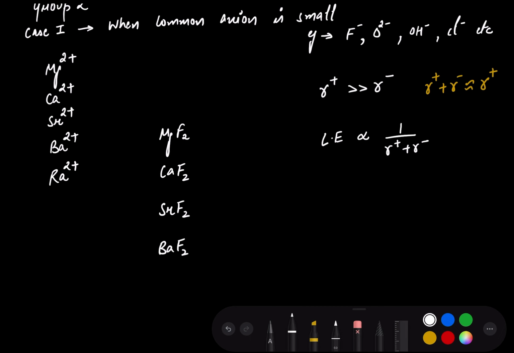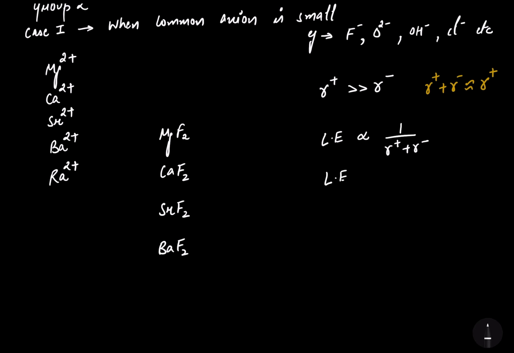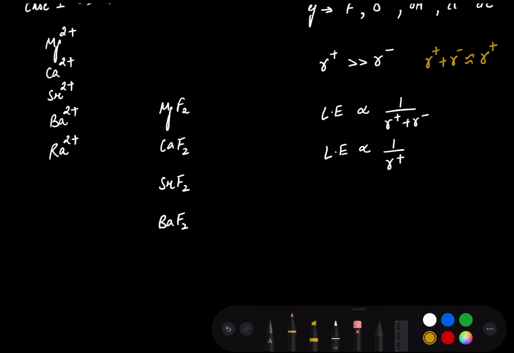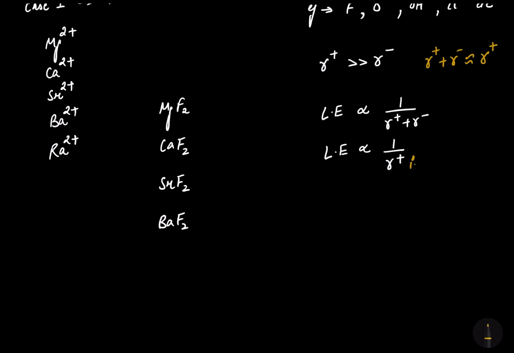That means in this case lattice energy will only be inversely proportional to the radius of cation. It will not depend upon the radius of anion. As we all know, when we move down the group, the radius of cation increases, due to which lattice energy will decrease.